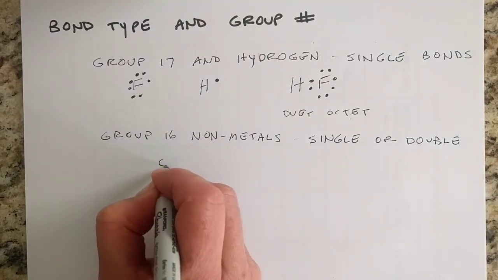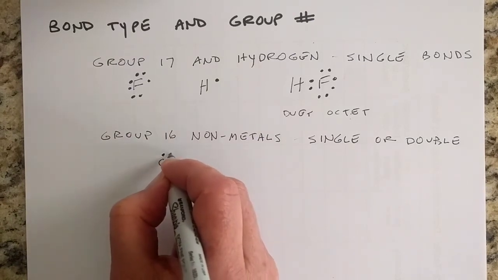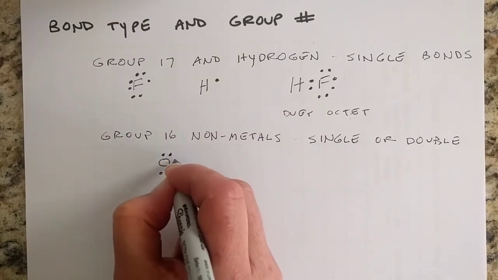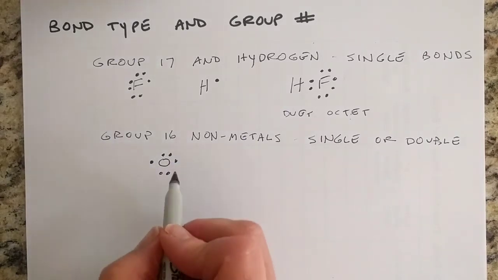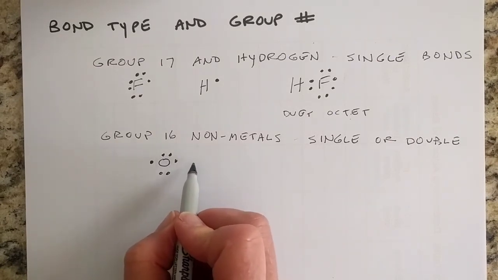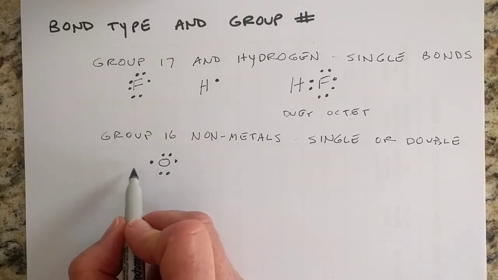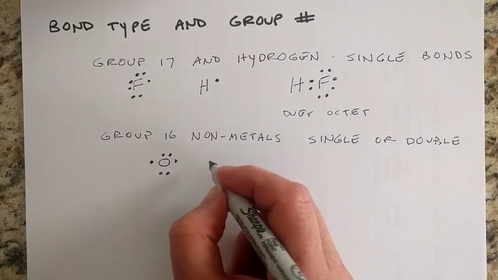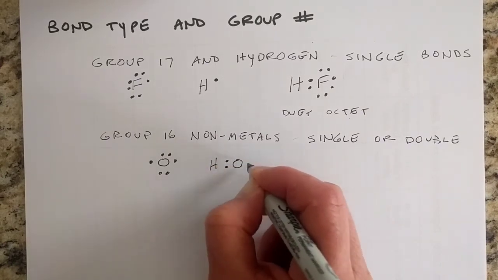So if we take a look at oxygen, oxygen's in group 16, so it has 6 valence electrons. So it's got 2 spots where it can make a bond. So it can share this electron with some atom that has an electron to share and make a single bond here, or it can do the same over here. So we have water as an example of that.